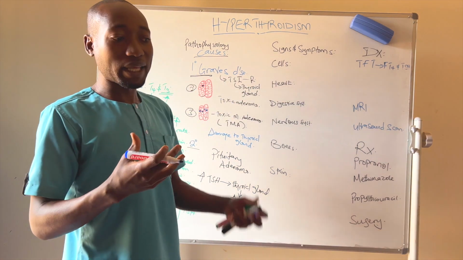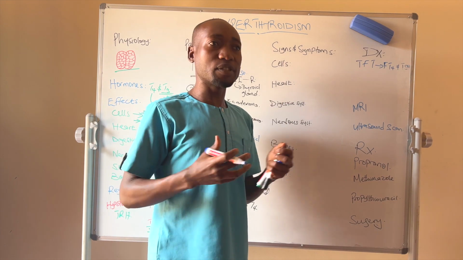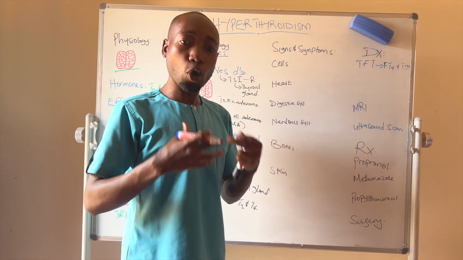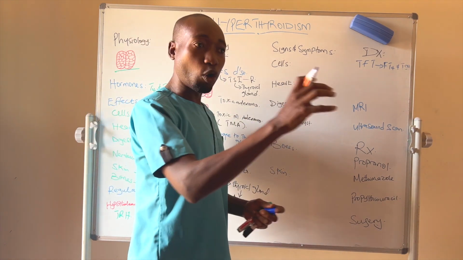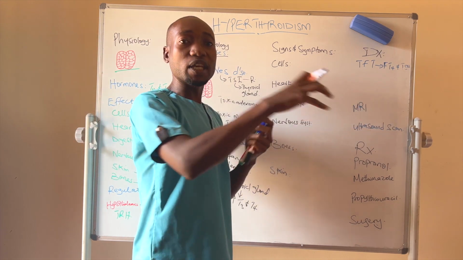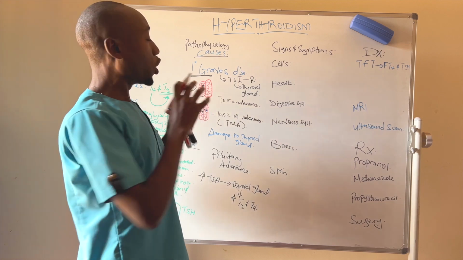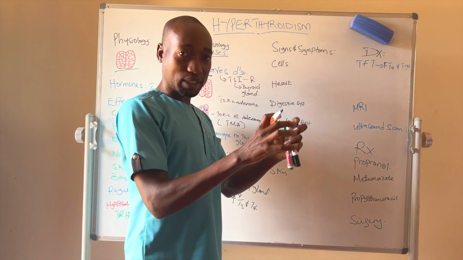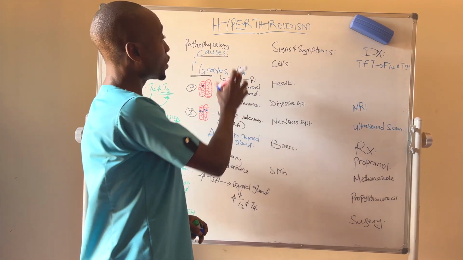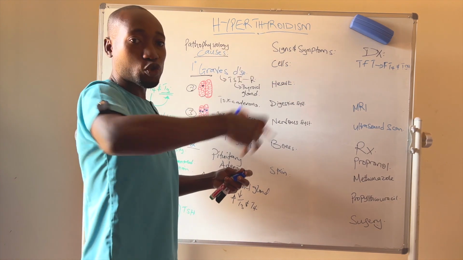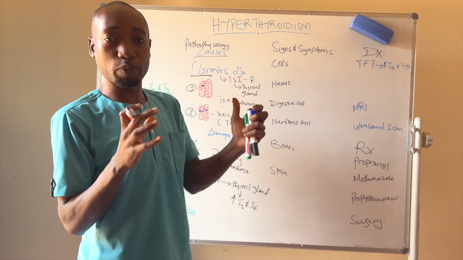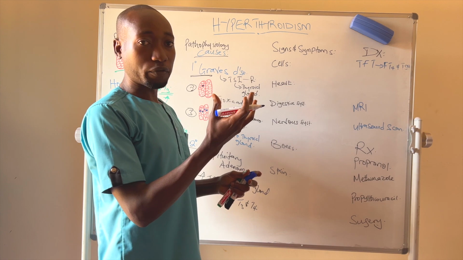In cases whereby the thyroid gland has been damaged, for example, in an accident or trauma, it releases a lot of its hormones, because the hormones are always kept in the follicles, okay? So these hormones are released at once in blood, and as a result you get a hyperthyroidism which is transient. It is for a very short period of time and it wanes off, okay?